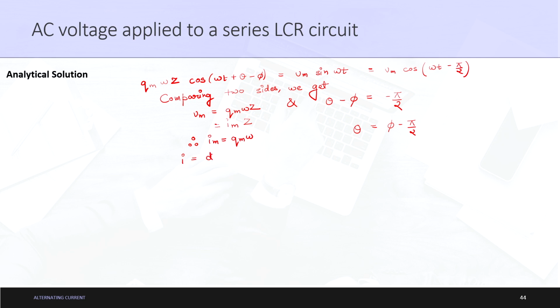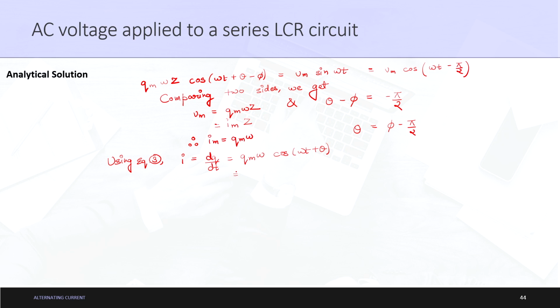Using equation number 3, what is I? I is nothing but equal to dq by dt, and therefore we obtain q m omega cos of omega t plus theta.